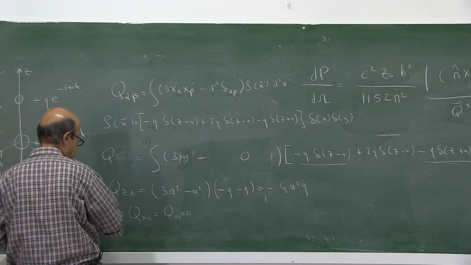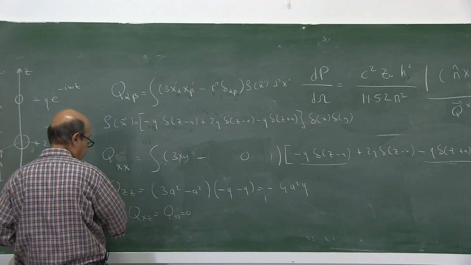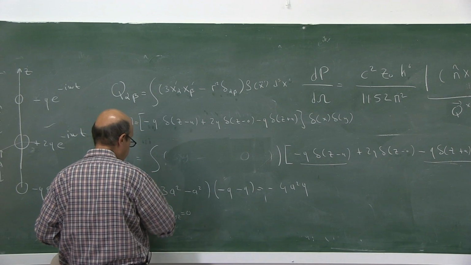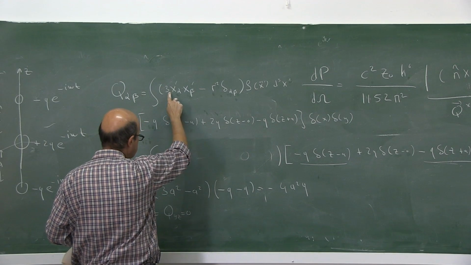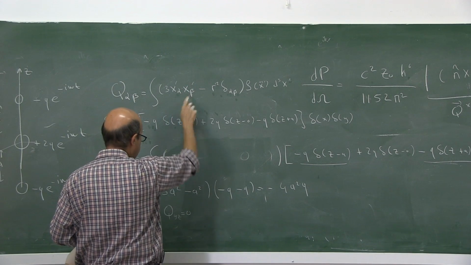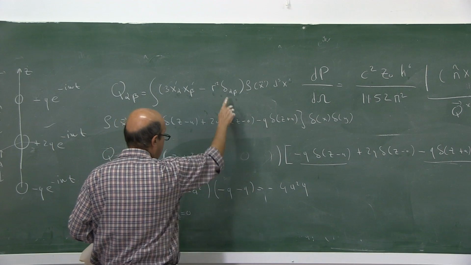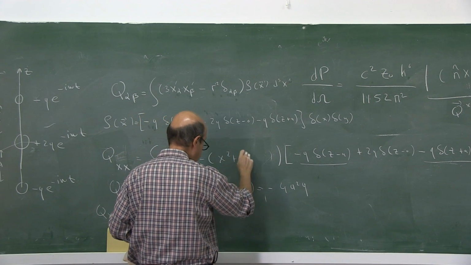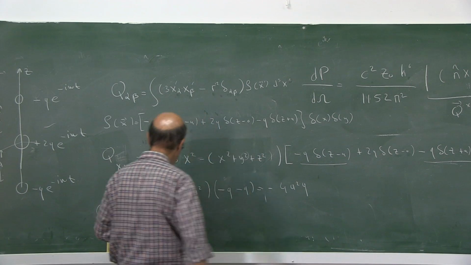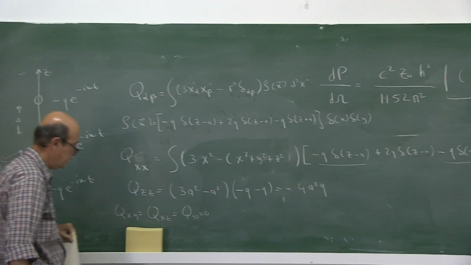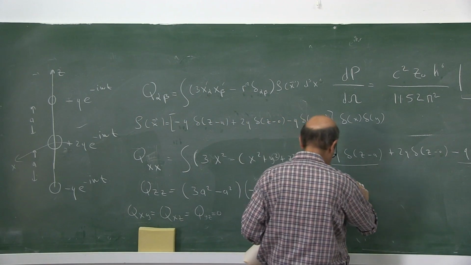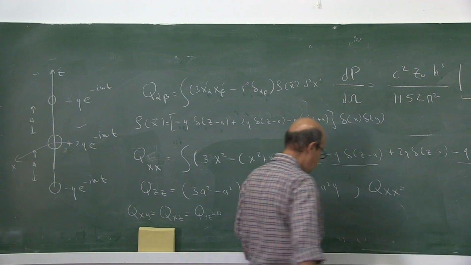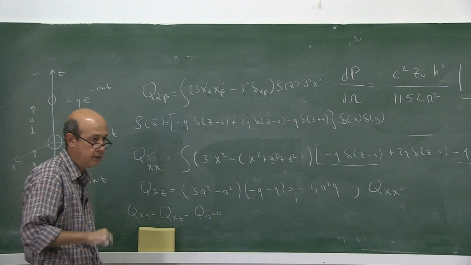Qxx. So let us look at the Qxx. We have 3x square. Alpha is equal to beta, that I can write as x square plus y square plus z square. What is the result of this integral, Qxx?